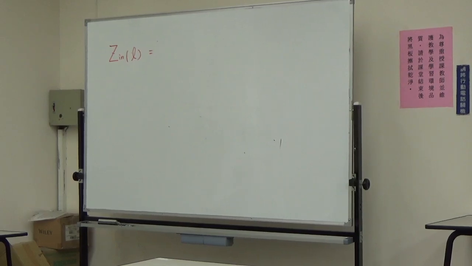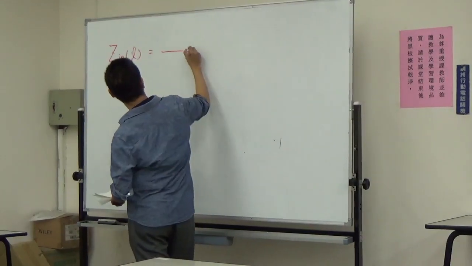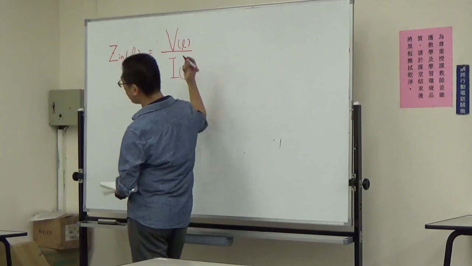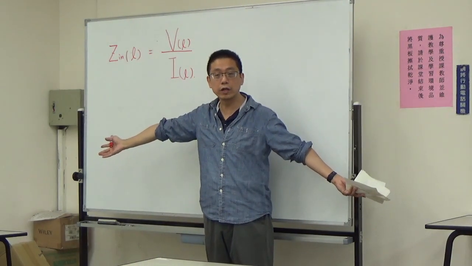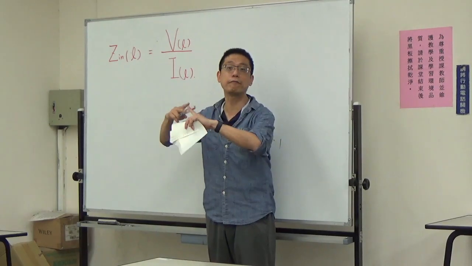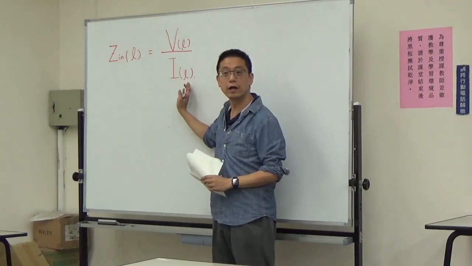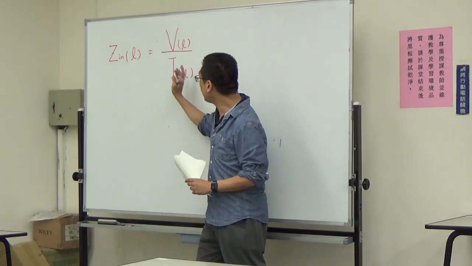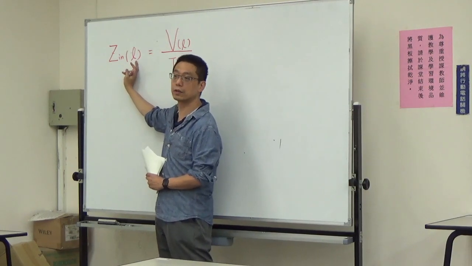The definition of Z in at L is the voltage at L over the current at L. Every voltage, including the positive and the negative, the forward and reverse voltage, and forward and reverse current. So it is a function of position, and this is important.